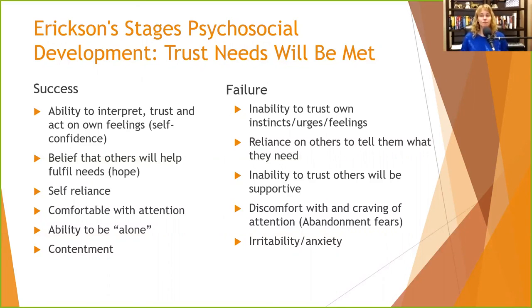They develop a reliance on others to tell them what they need, because the infant has so many times maybe wanted to go to sleep or wanted to be held, and instead they got a bottle, or they got changed, or something that didn't meet their needs. They start going, okay, well, maybe that is what I needed, because I'm not getting these other needs met. And eventually those other needs tend to usually fall to the background.